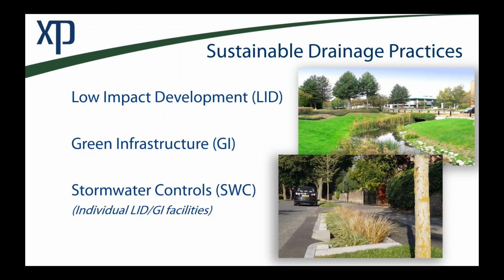These are all talking about the greater practice of sustainable drainage, holistic stormwater planning. Green infrastructure is this greater approach to holistic drainage design, whereas the individual facilities, so you can see here on the right, an individual swale or an individual rain garden, I'm going to refer to as a stormwater control. That's the individual items that make up this greater plan. Just so no one's lost, that's what I'm referring to.